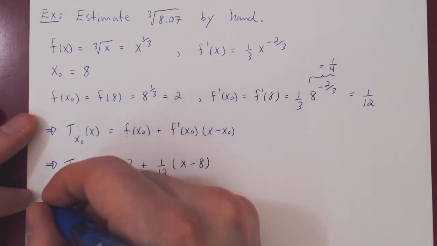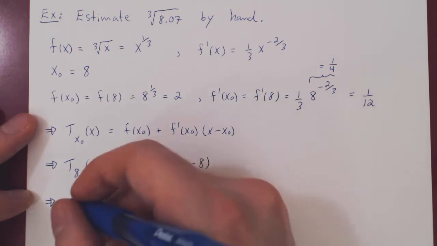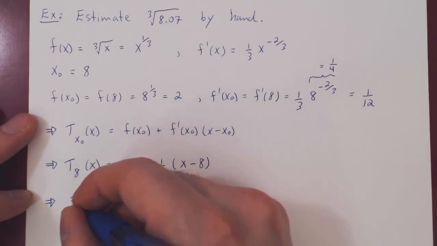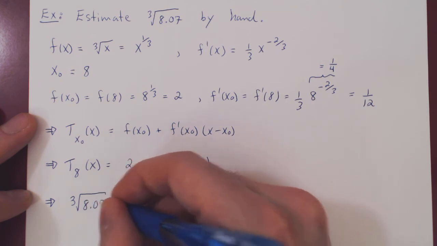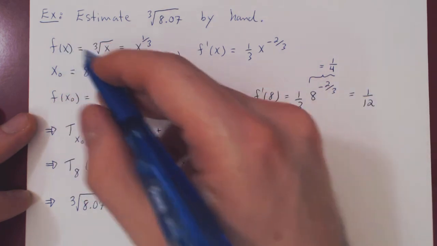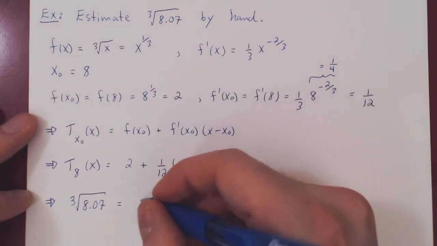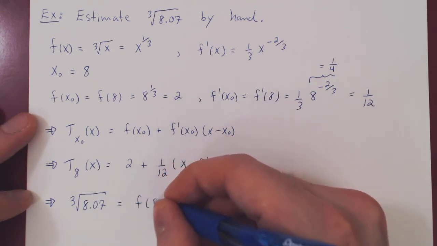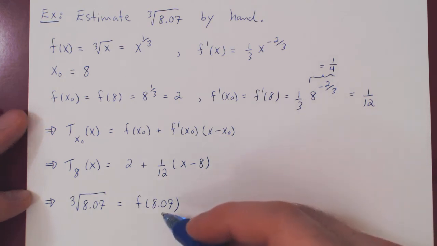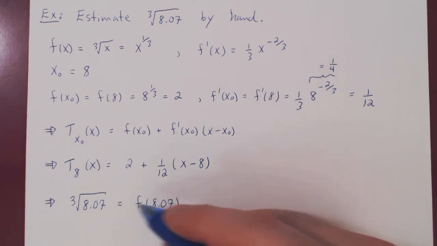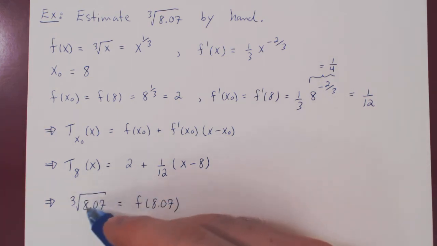So what do we want? We want to estimate the cube root of 8.07. Well, as f of x is the cube root of x function, this is simply f of 8.07. And now we realize that, if we leave it like this, we don't know where to go from here.